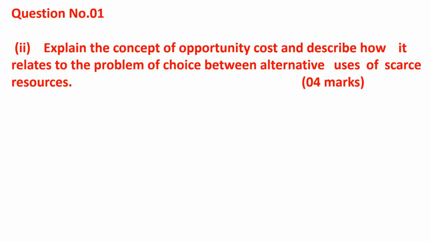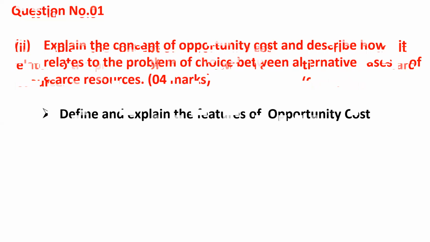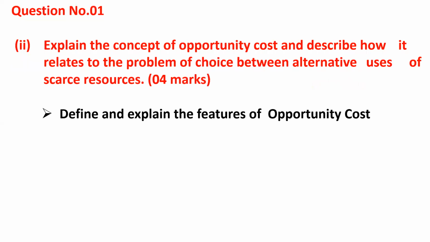Two parts are there in the question. Here the key concept is what? Opportunity cost. In the starting point of the answer, you have to define opportunity cost and briefly explain what opportunity cost is. Okay, starting point is this. Define and explain the opportunity cost.